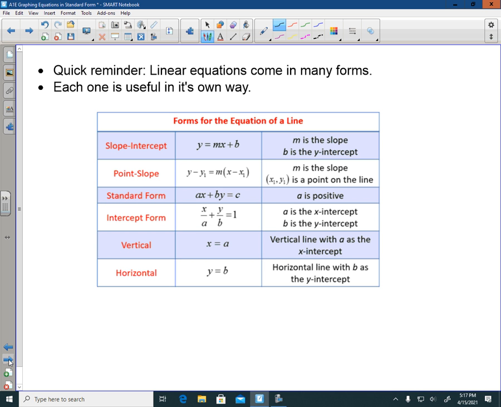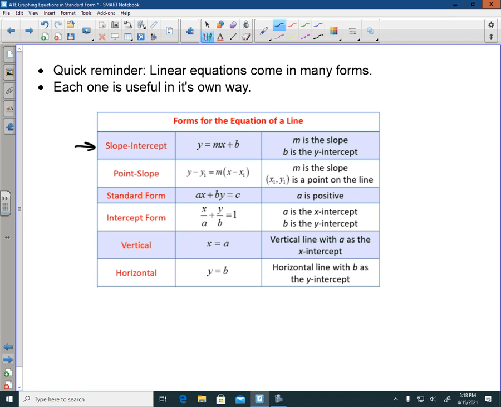So quick reminder, this is a recap of what we just talked about in the warm-up and also the video that we talked about last. Linear equations come in many forms, and each form is useful in its own way. You have the slope-intercept form.